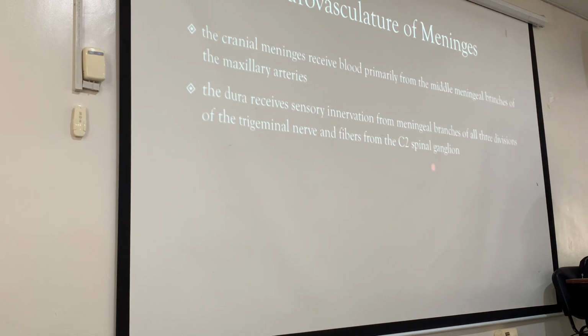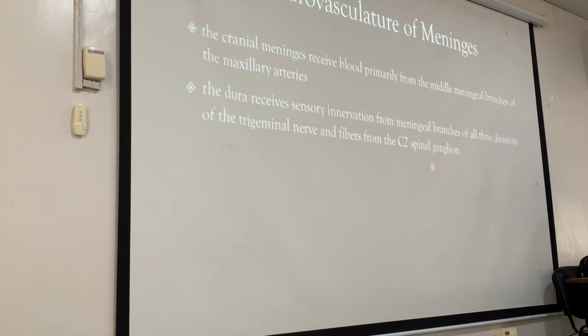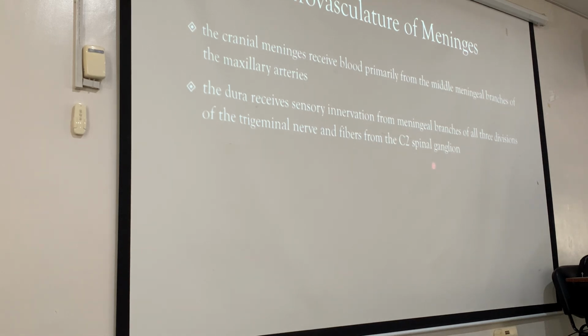And then the dura receives sensory innervation from meningeal branches of all three divisions of the trigeminal nerve and fibers from the C2, or the second cervical spinal ganglia. So if you have anything which irritates the dura, you can have a headache because of the branches of the trigeminal nerve supplying the dura.